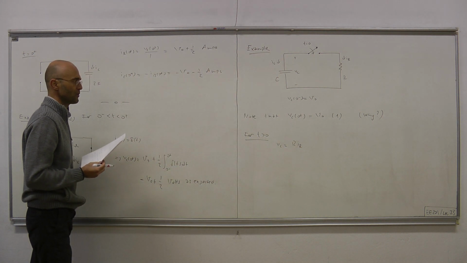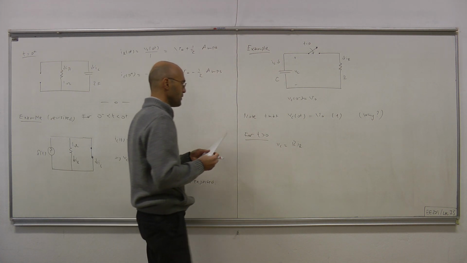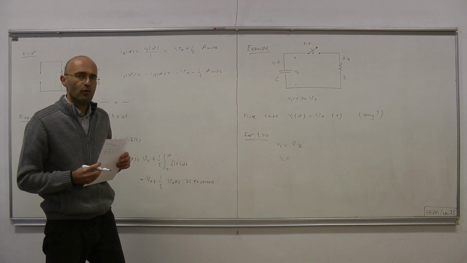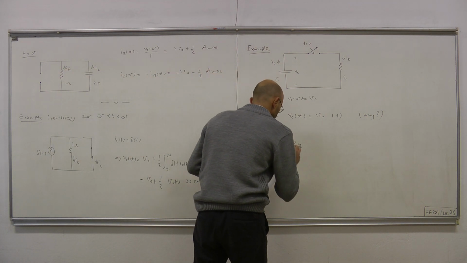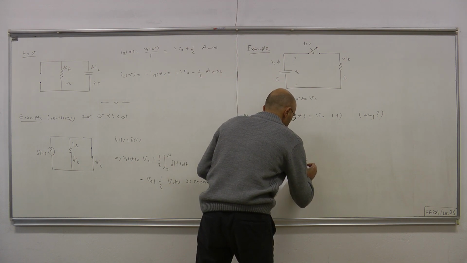The capacitor voltage is related to the resistor current through that relation. Also, we have the terminal equation for the capacitor, which is i_C equals C dv_C/dt.